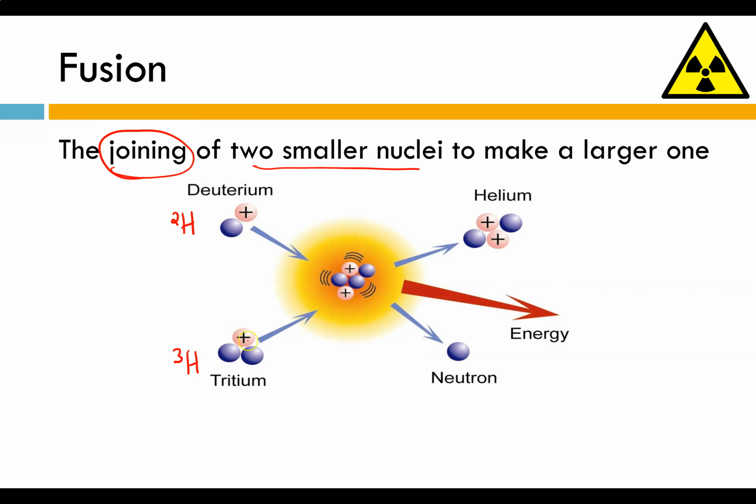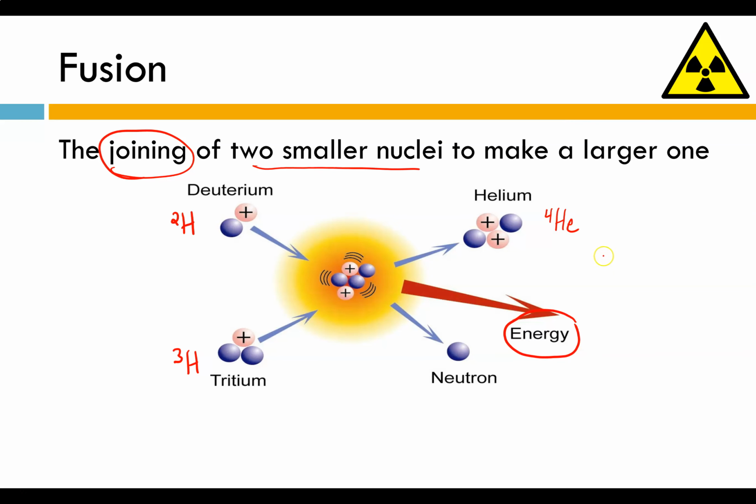We can get those 2 nuclei to collide, hopefully overcoming the repulsive force because of the like charges. Get them close enough together that the strong nuclear force will take over and it will produce a new nucleus. In the example here, we produced helium. We still have that other neutron left over, so that can just be ejected as well. And very similar to fission, we're going to release huge amounts of energy through the process of fusion.